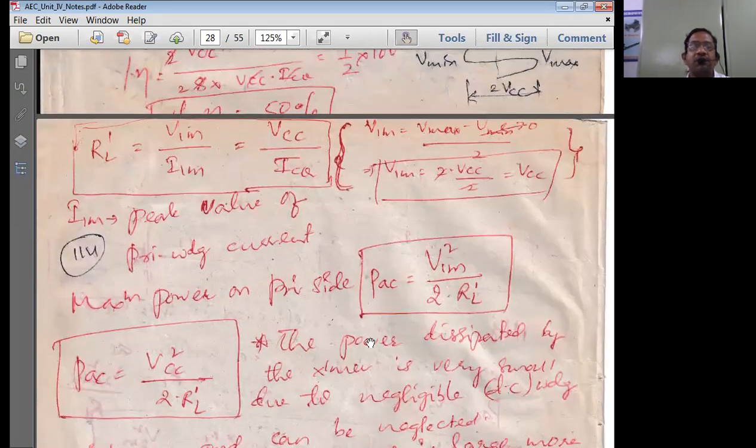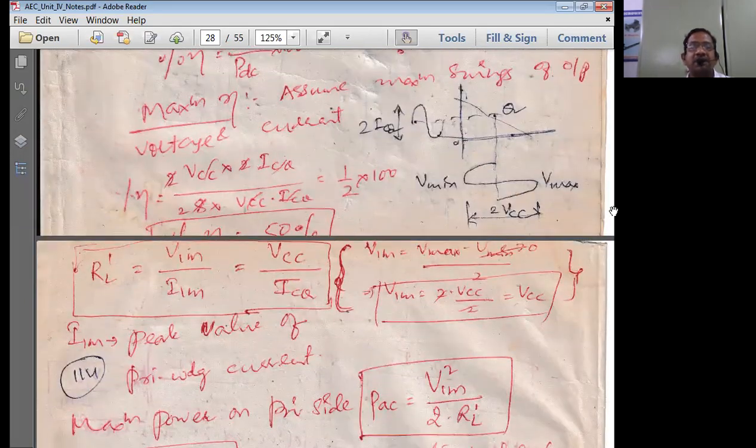Just now we have computed the AC power. This AC power we have got from this formula as 4 times VCC into ICQ by 8, that means VCC into ICQ by 2 is the value which we are going to get.